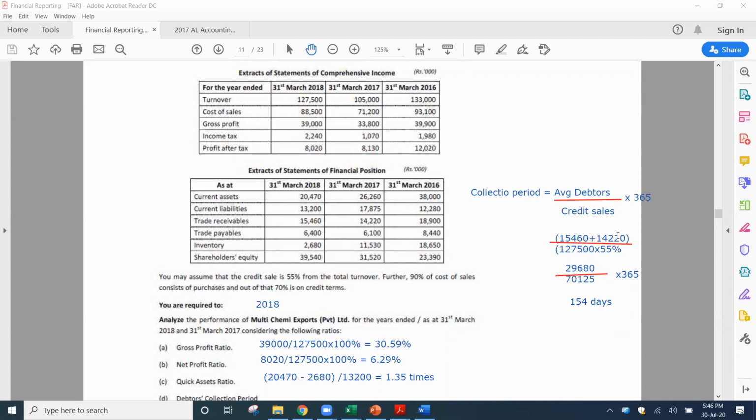So there's a small mistake. I need to divide this by 2. Average debtors, 15,460 plus 14,220 divided by 2 is 14,840.